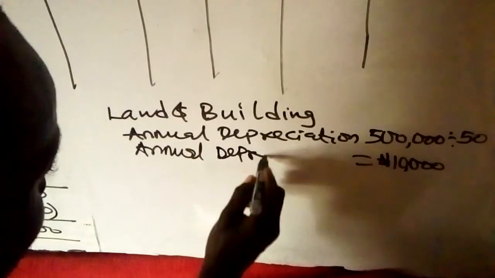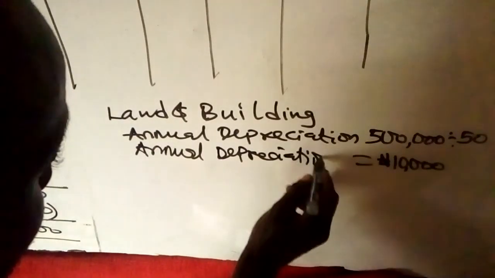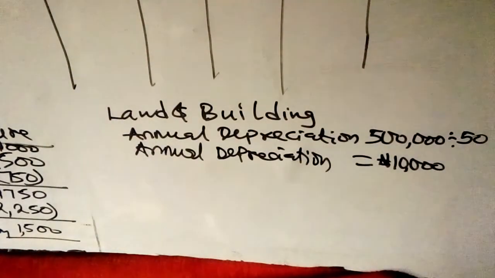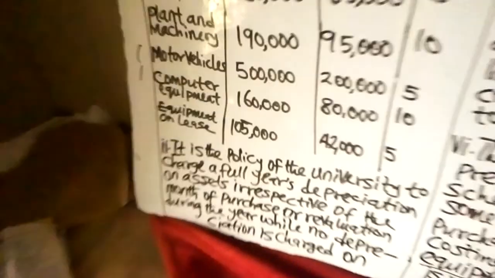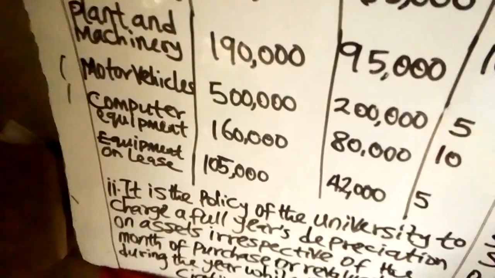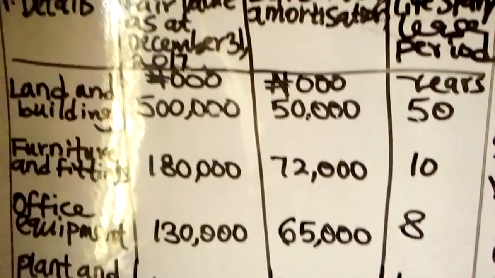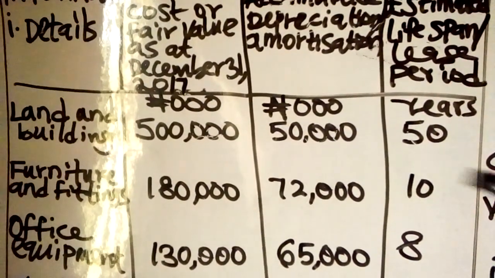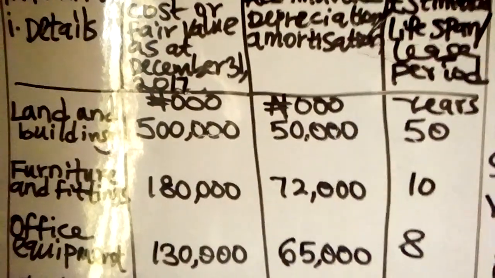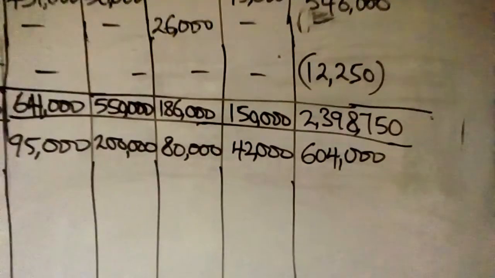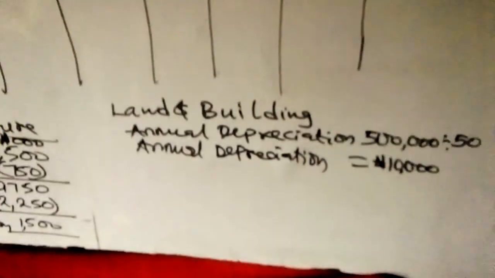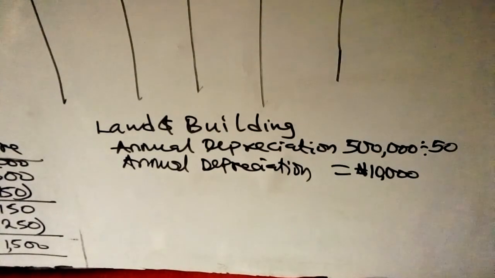If the annual depreciation is 10,000 and the accumulated depreciation for prior periods in respect of land and building is 50,000, this 50,000 will be the equivalent of 5 years depreciation.